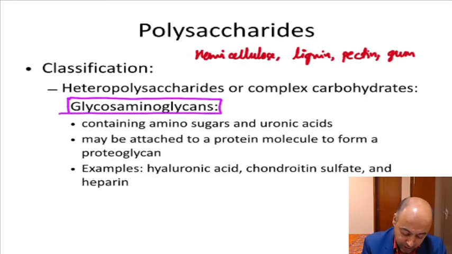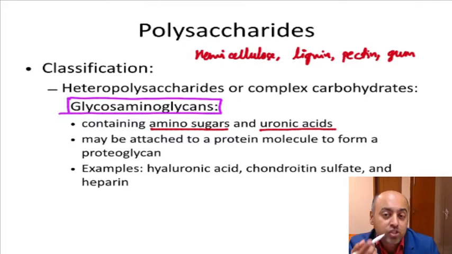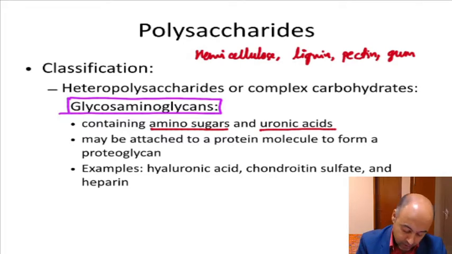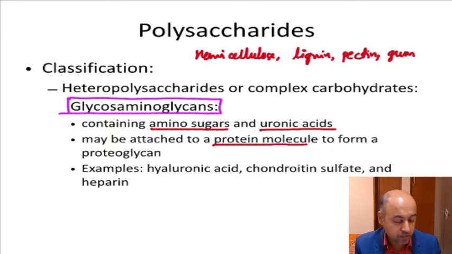About glycosaminoglycan, they contain amino sugar attached to uronic acid. Uronic acid means oxidized monosaccharides. Sometimes they are attached to a protein molecule to form a proteoglycan.